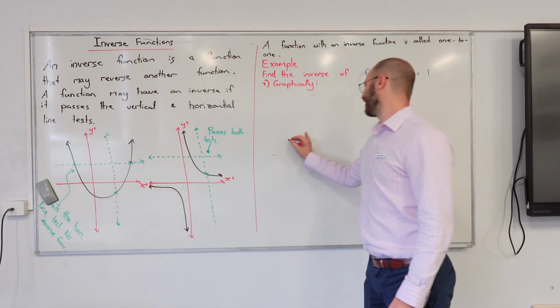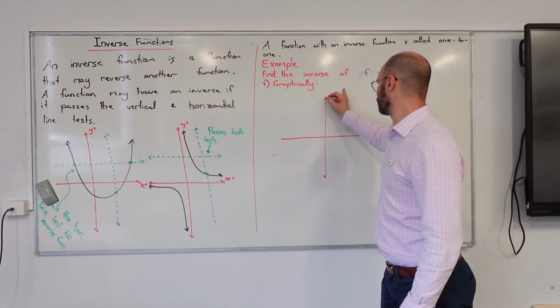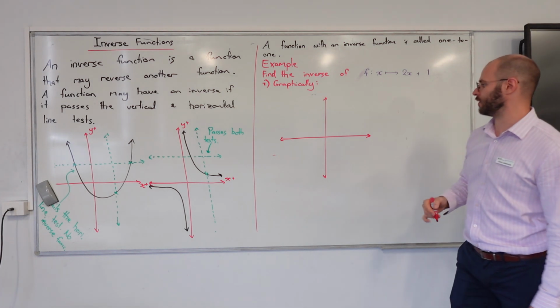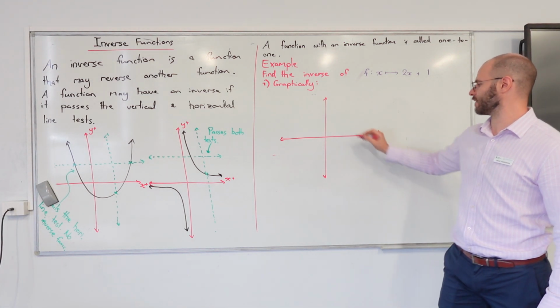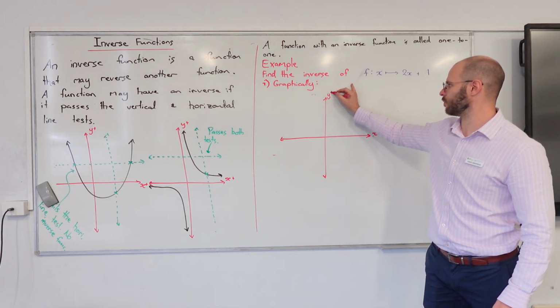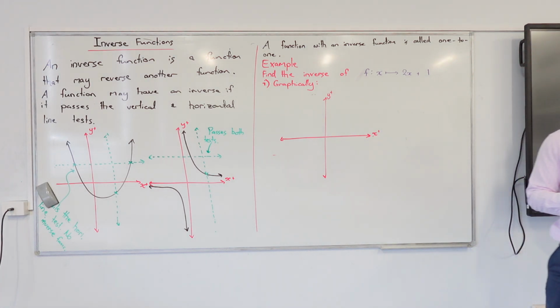A graph. So, here's a graph. Not too big, but it will do for now. This is my x-axis, this is my y-axis. Now, when you're doing the graphical method, you have to do it accurately.